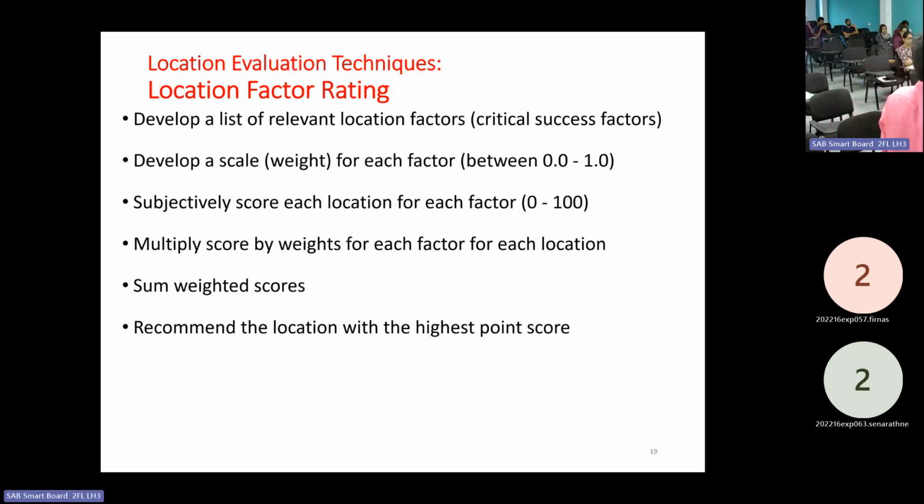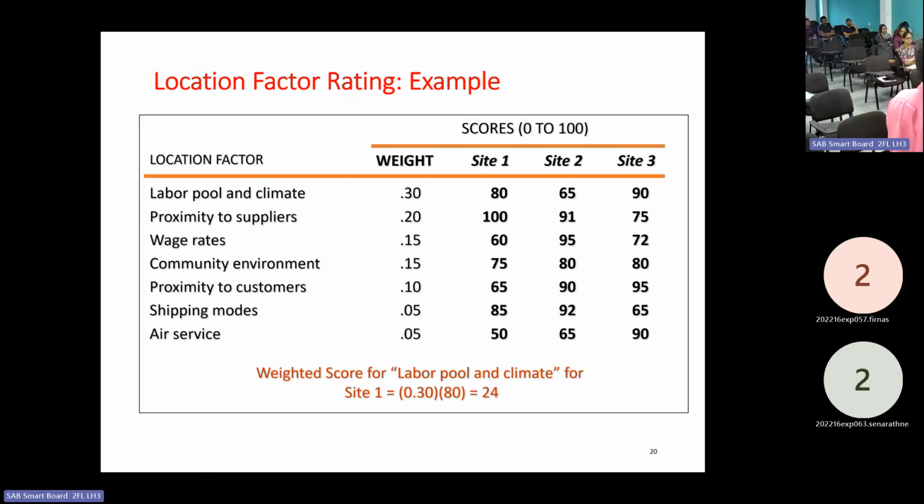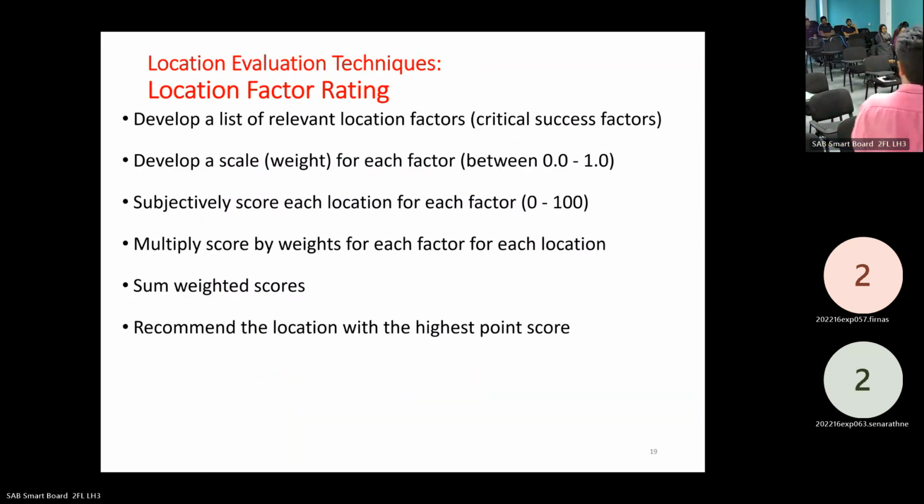Right. Then the next step is to identify alternative locations and then subjectively score each location. So we get the support of experts, location experts, right? And ask them to score the alternative locations against each factor on a score of 0 to 100.